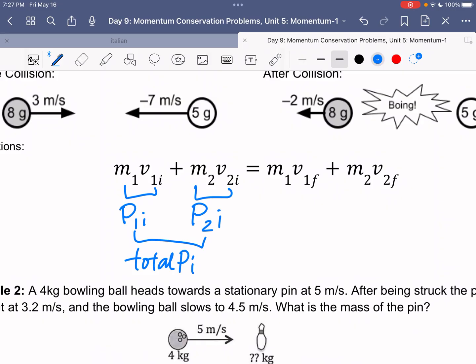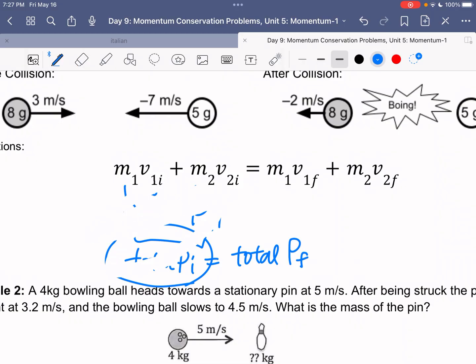And we know that the law of conservation of momentum says that the momentum at the beginning is equal to the momentum at the end, because we cannot create or destroy momentum, just like we cannot create or destroy energy, right? So let's look at the scenario.